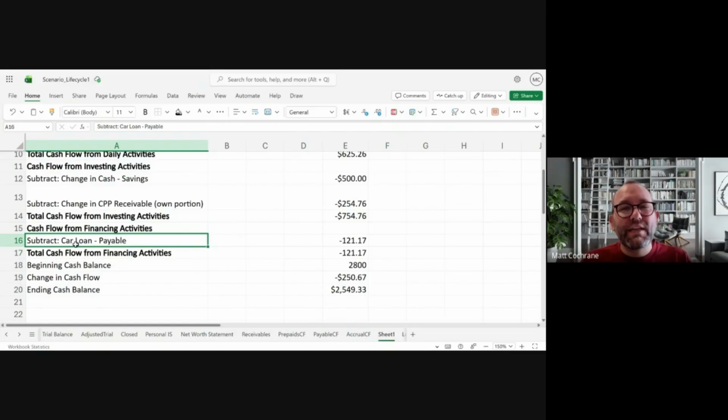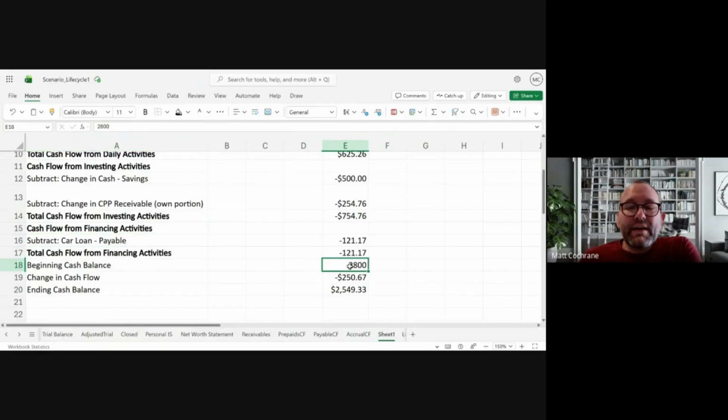So that would be another example of an item that would show up here. But in our example, we just have the principal portion of the car loan payable, and we've paid that. It's a use of cash, so it's a negative number, 121. Okay, and that's the only one that we have in this particular example. So that's our total cash flow from financing activities.